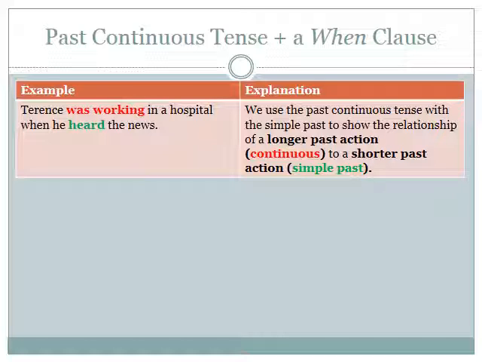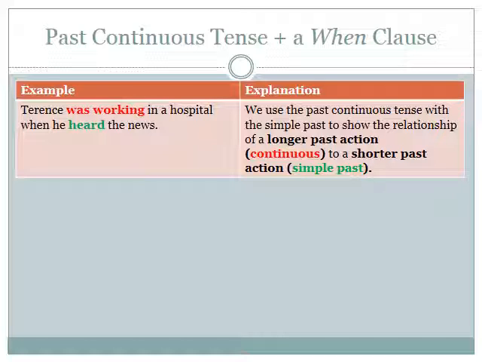So the was working in the hospital, that's the longer of the two actions. And this specific period of time that was happening was when he heard the news. So he was working in the hospital, that's a long-term thing, and then boom, he heard the news. That's the specific time. So we don't know exactly the date, we don't know the month, we don't know the year, but we have with this when clause the specific time.